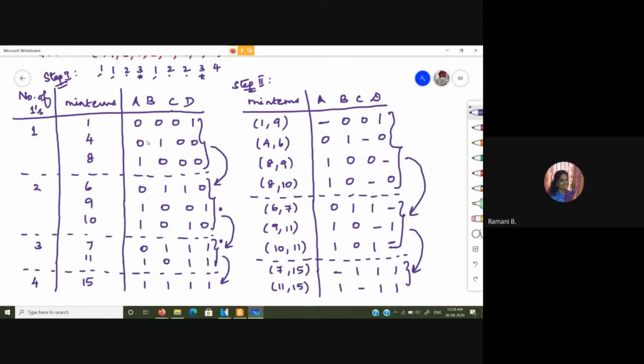Okay, then it would be easier. So here if we check in the immediate group, we don't have any dash in the a position in the second group. So let us mark this with a star because there is no further combination possible.